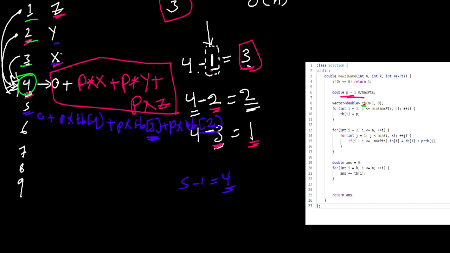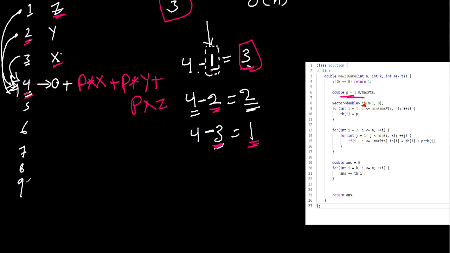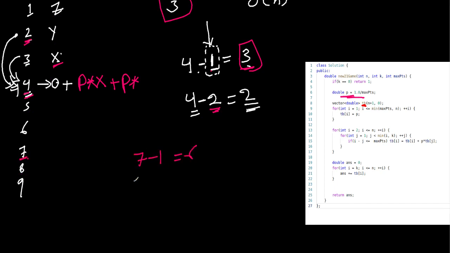Now notice, if we want to solve for a value like 8 or 7, now 7 minus 1 equals 6, 7 minus 2 equals 5, 7 minus 3 equals 4.